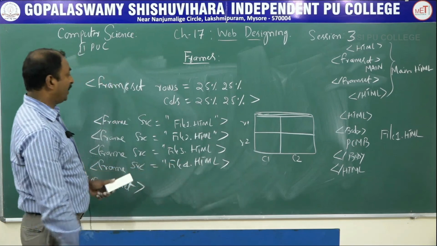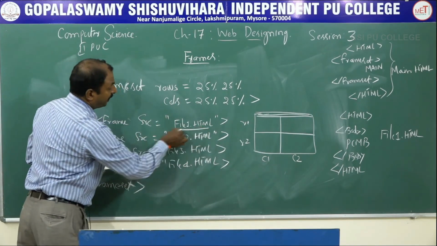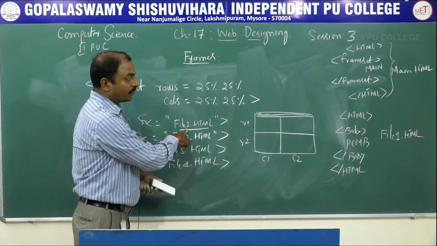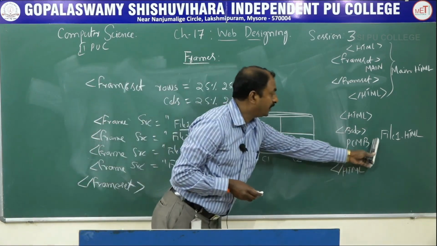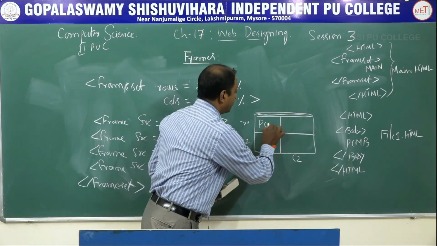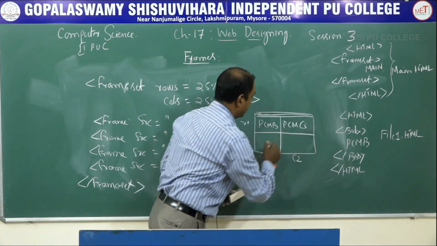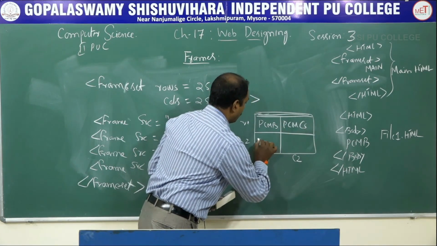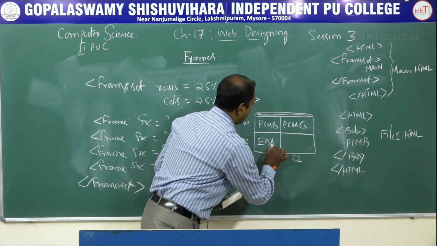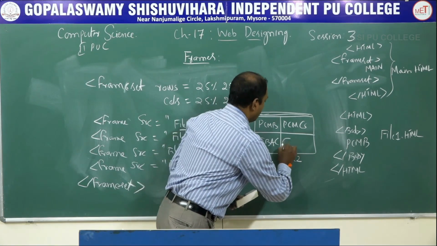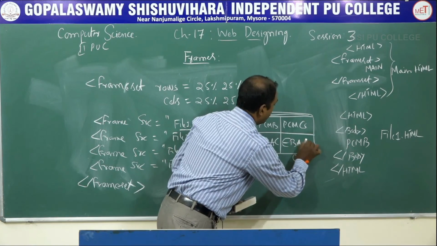In this example, suppose this is file1.html. The content of this, for example, is PCMB. It comes like this: PCMB, then PCMC, EBAC, EBAS.